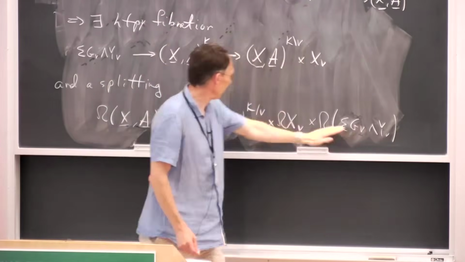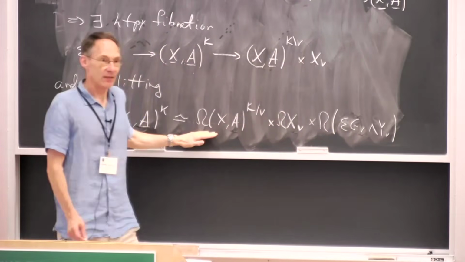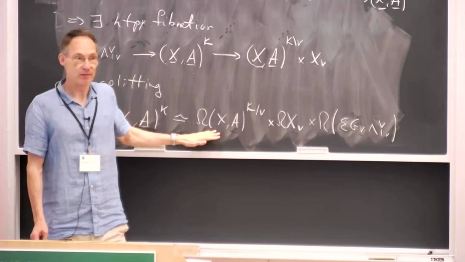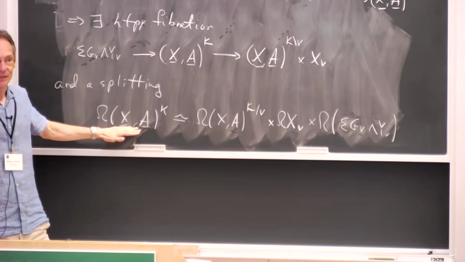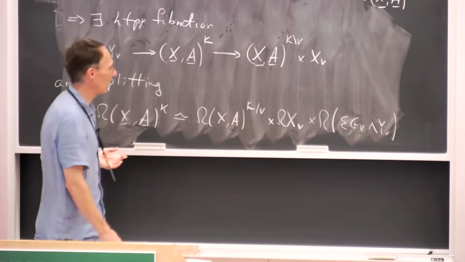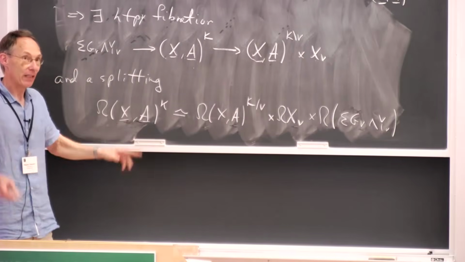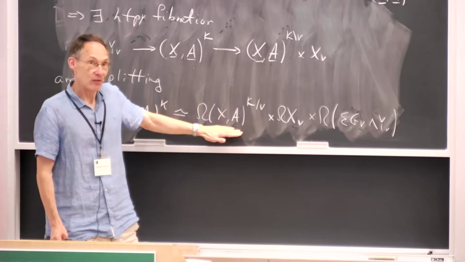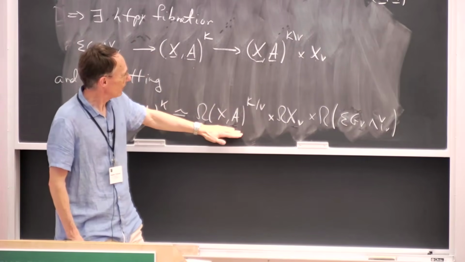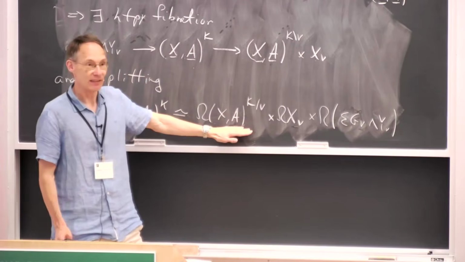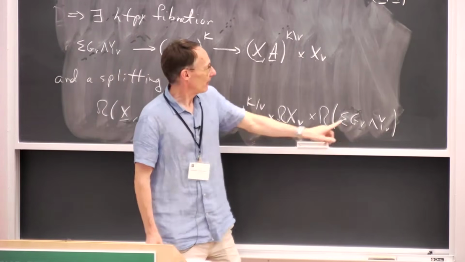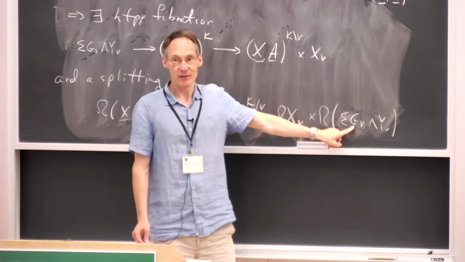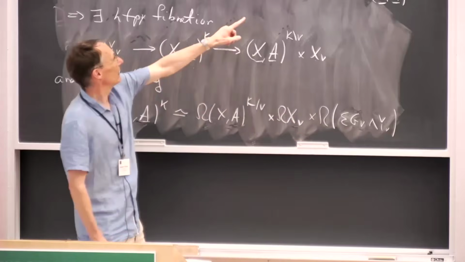So all the information on this side has to do with polyhedral products with a fewer number of vertices than on this side. So in some sense, you've simplified the problem, and you've set yourself up to do an induction on the number of vertices, because you could iterate on this guy. The only tricky part is trying to identify, in particular, this fiber from the link into the restriction.